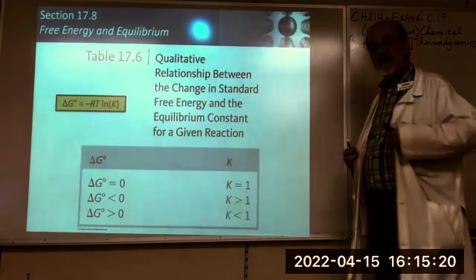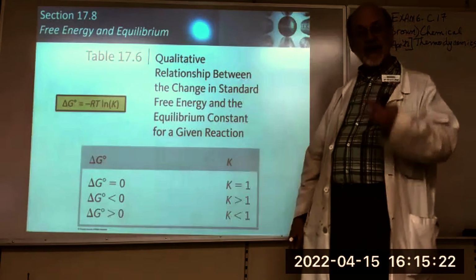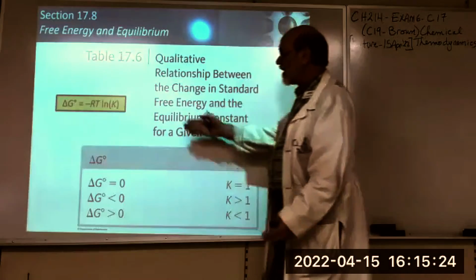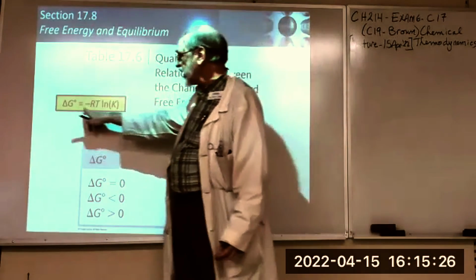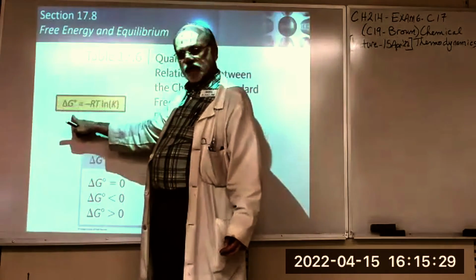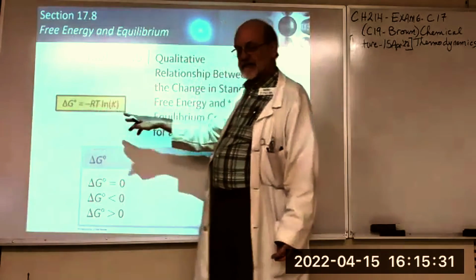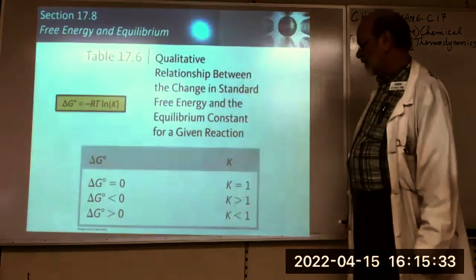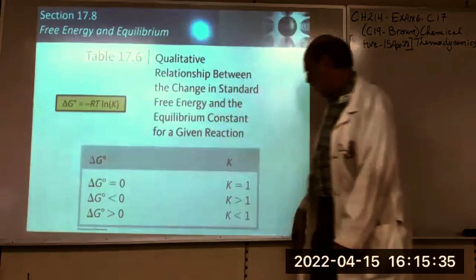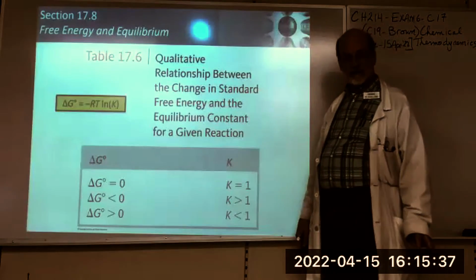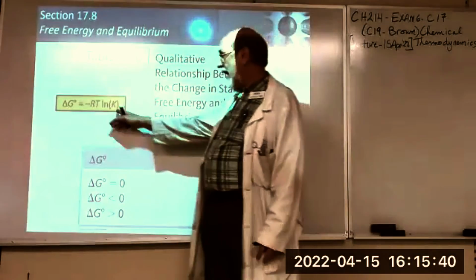So we can say something about the relationship between free energy and K, simply because of the relationship between standard free energy and K. If delta G0 is equal to 0, then K has to be equal to 1. Why?